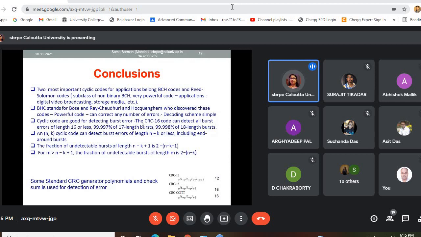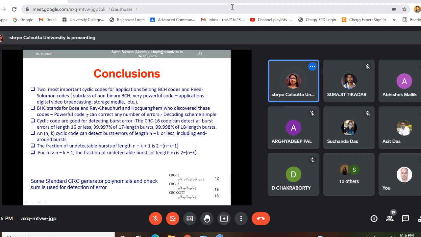When you consider burst error, the Reed-Solomon code is very effective to combat the burst error occurring in the channel. This is a subclass of non-binary Bose-Chaudhuri code and a very powerful code, used in digital video broadcasting, storage media, etc.